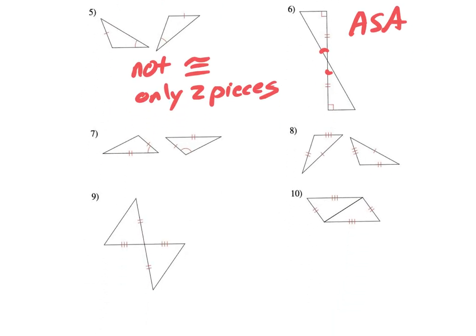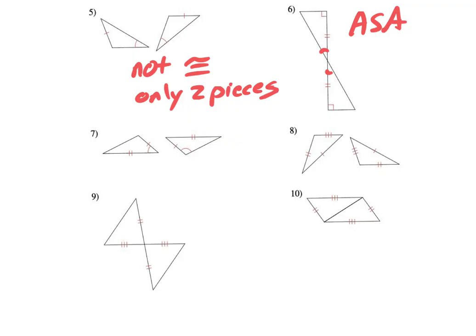Okay, number 7, how many pieces do we have? 3, okay? But then we have to determine if those 3 pieces are enough. Okay? So let's look at this one here. This is angle, side, side. Uh-oh, we said that one's the one we don't like, right? This one is side, angle, side. Side, angle, side is good, but is this one over here side, angle, side?